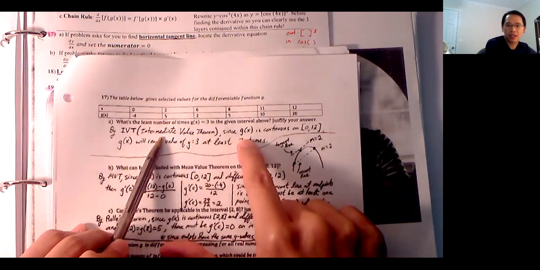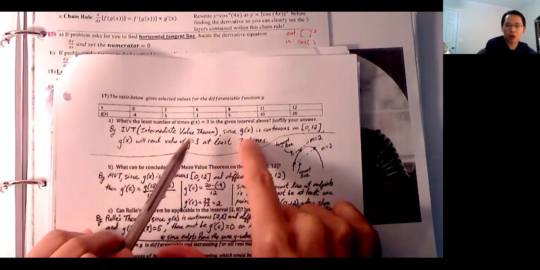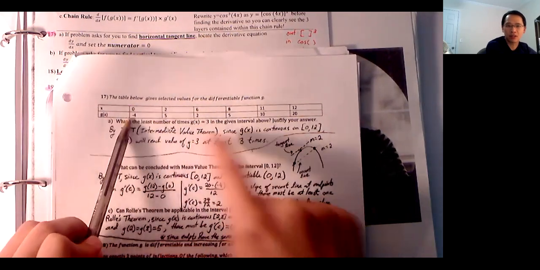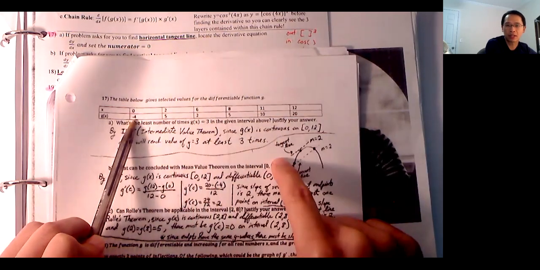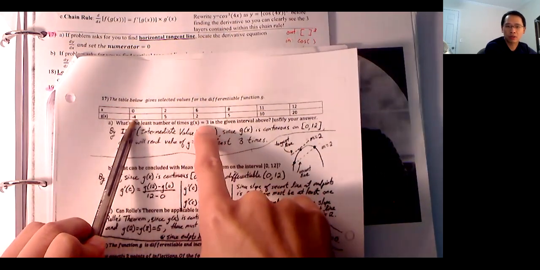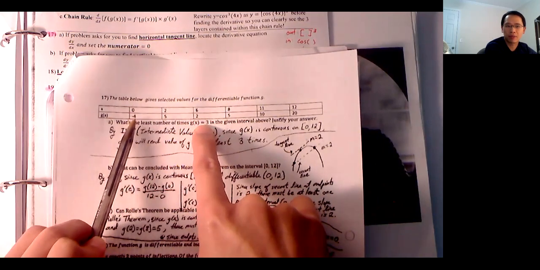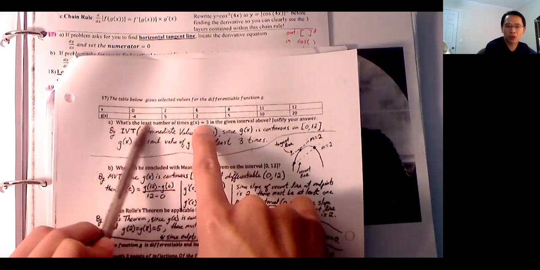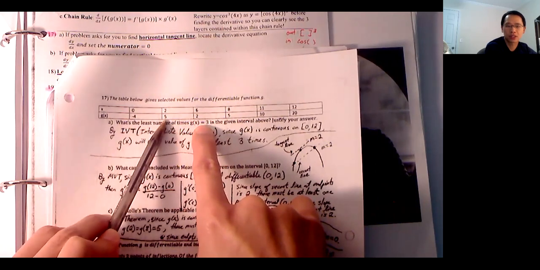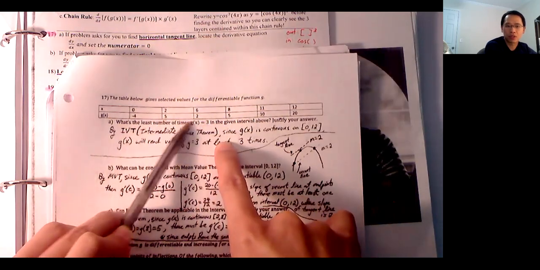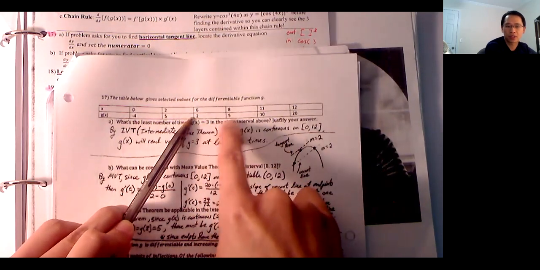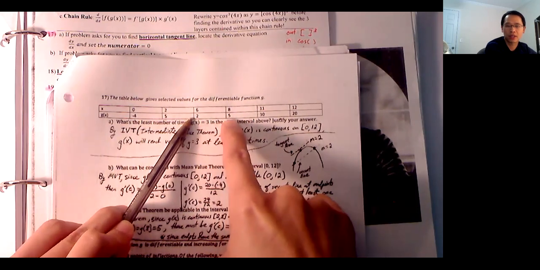So IVT says it's going to have to cross through as many times as we see the graph dip above and below that target y value. So if we're targeting a y value of 3, we start at -4. From -4 to 5, it has to cross through a y value of 3 at least once. 5 to 2, it has to cross through 3 at least once. 2 to 5, it has to cross through 3.